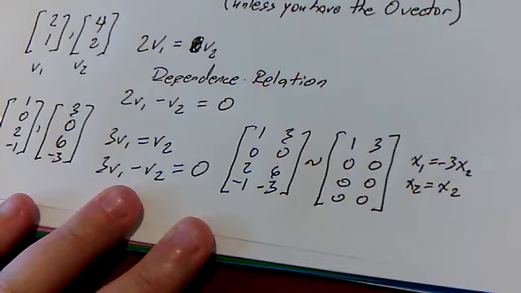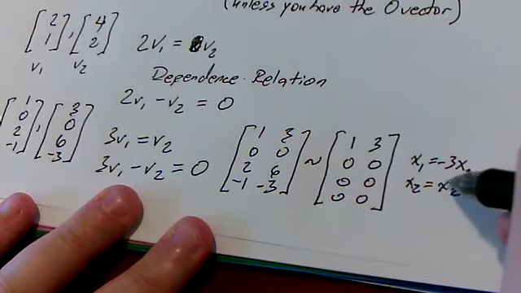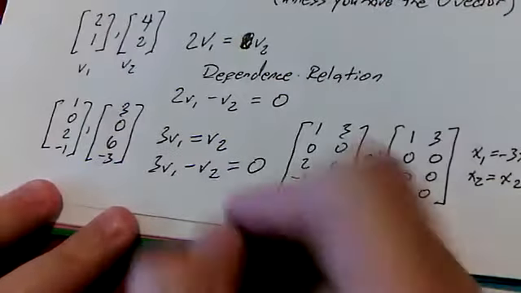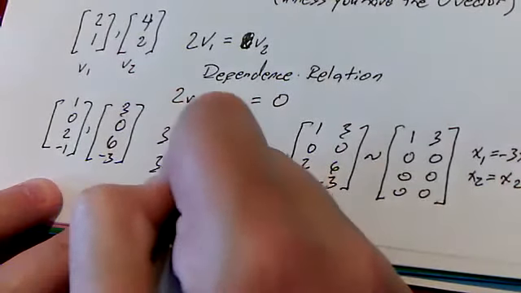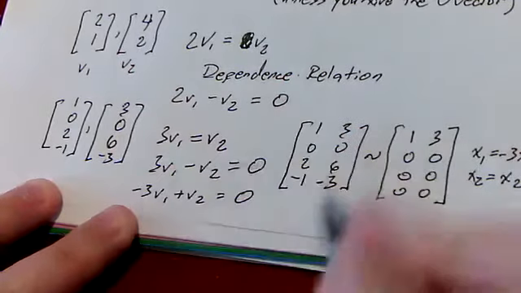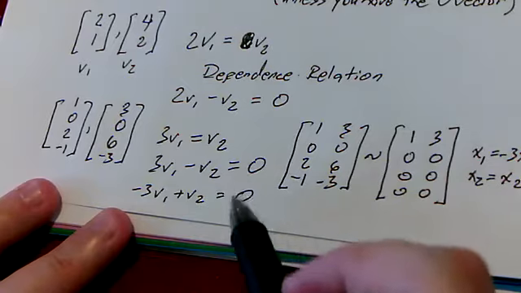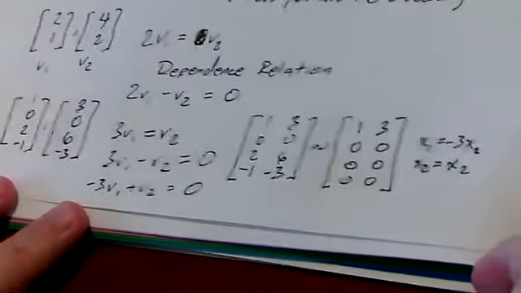Most often we would pick x1 to be 1. Or x2, I'm sorry, my free variable. If I pick x2 to be 1, then I get x1 would be -3. And so you see there's also a dependence relation here that would have -3v1 plus v2 is equal to 0. That also gets me that dependence relationship. So there are multiple dependence relationships.